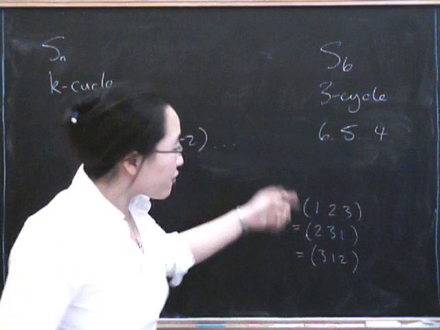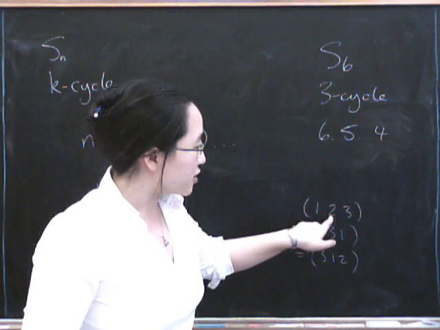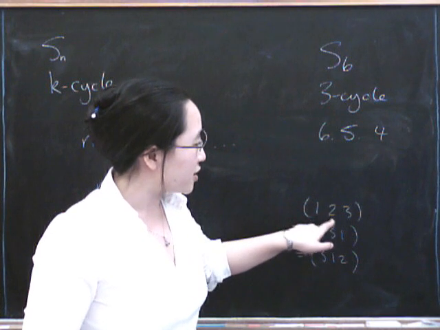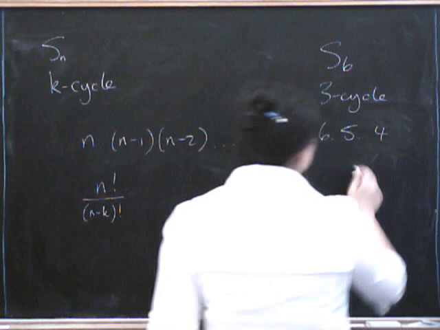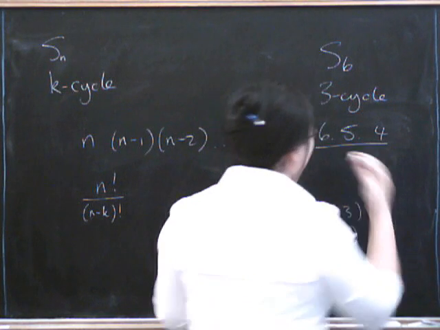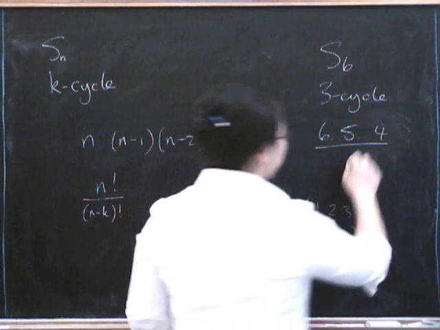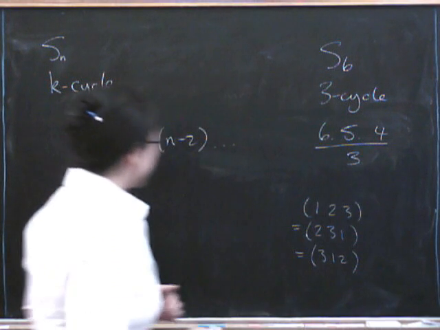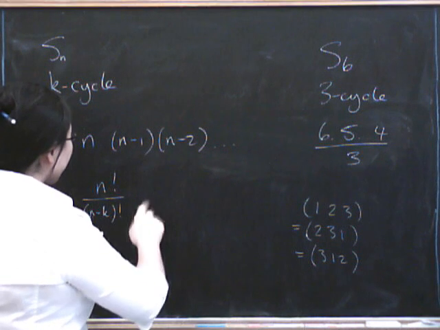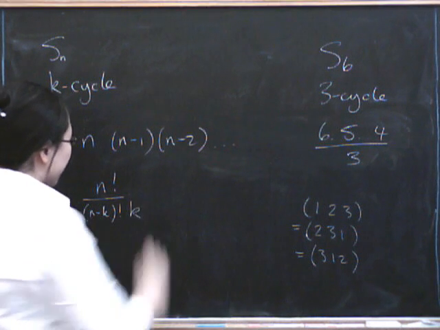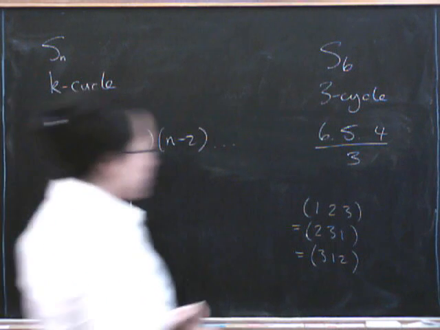So there are 3 different ways of writing down a 3 cycle, depending on whether you start at any one of these 3 places. But because it's a cycle, it's the same thing no matter what you do. So at this point, you have to divide out. You've counted each cycle 3 times here, so you have to divide out by 3. So over here, what you've done is you've counted each cycle k times, so you have to divide out by k. So that's the general principle for just a cycle.